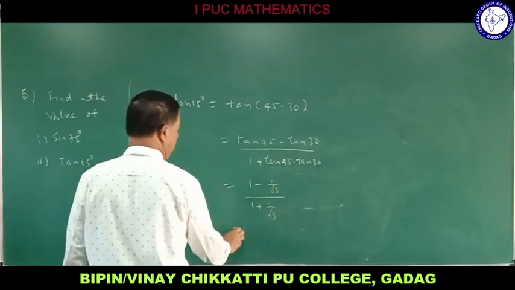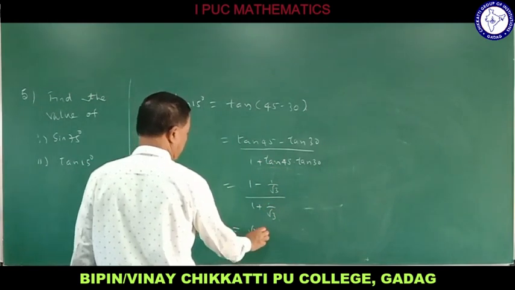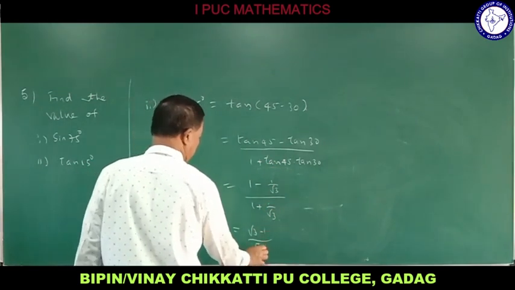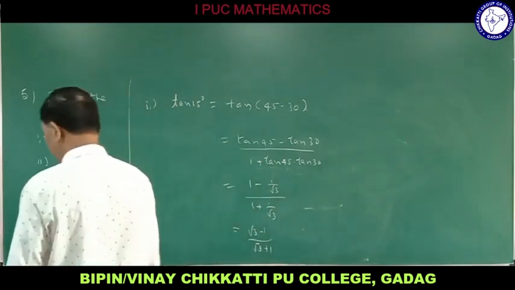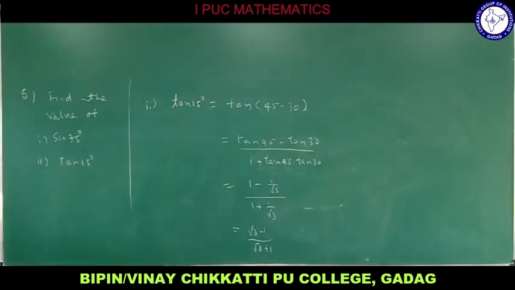Multiplying both numerator and denominator by root 3, we get root 3 minus 1 divided by root 3 plus 1. So the answer is root 3 minus 1 over root 3 plus 1, and you can write it in simplest form.